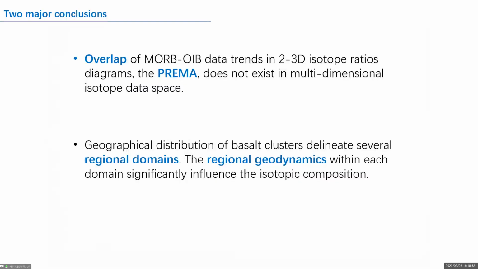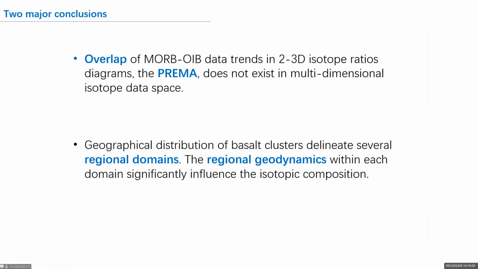Therefore, this paper comes to the conclusion that the overlap of the data set in 2D or 3D space, the PREMA, does not exist in high-dimensional space. And the geographic distribution of this data shows that regional geodynamics exerts significant influence on their composition, and their genesis could not be simply ascribed to the mixing of different end members.